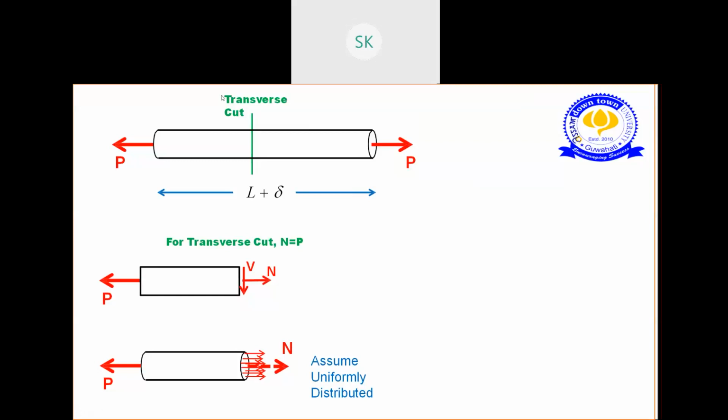So if we do a transverse cut on the member, we get two forces, one perpendicular to the axial direction and one vertical force.